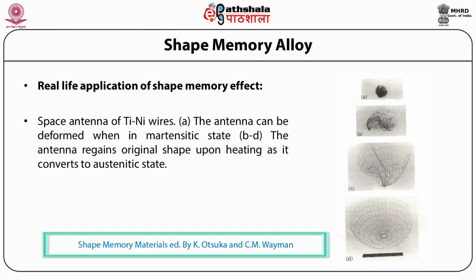As shown in figure A, when this material is heated above a critical temperature, it starts to transform into another state where it remembers its shape, and so it starts to expand, which is clearly depicted in figure B and figure C. Then finally it takes the full shape as shown in figure D. It must be amply clear from the schematic and the real life example that the two states are nothing but the crystalline or the phase state at two different temperatures.